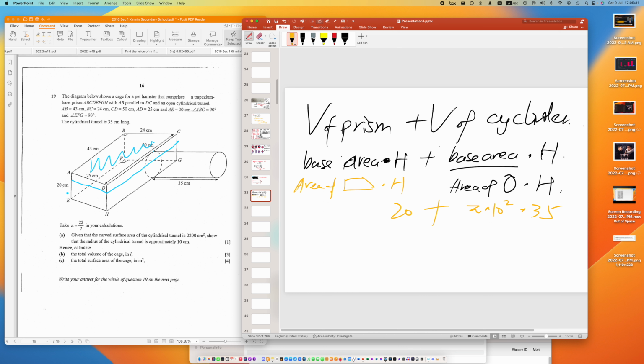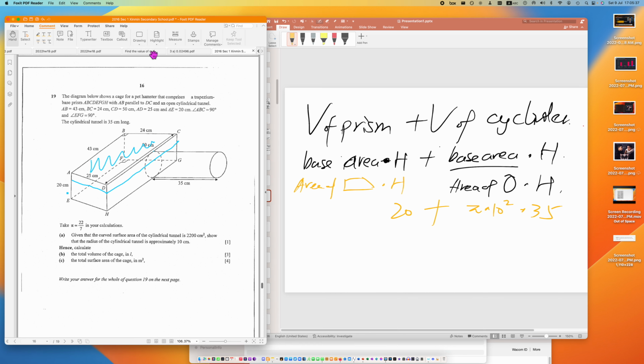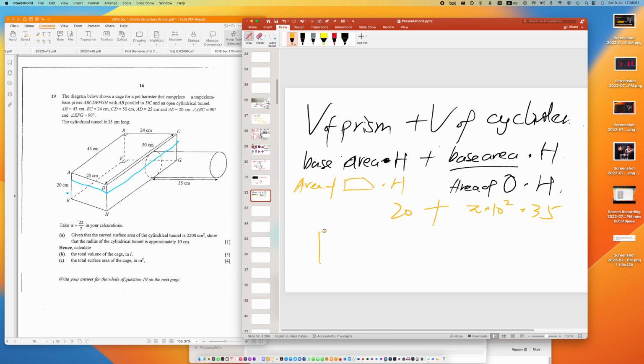So the area of trapezium depends on how you look at it. A trapezium is a composite figure. So let me just get this trapezium out. What I see is this is 24, then below is 50. This is 43.